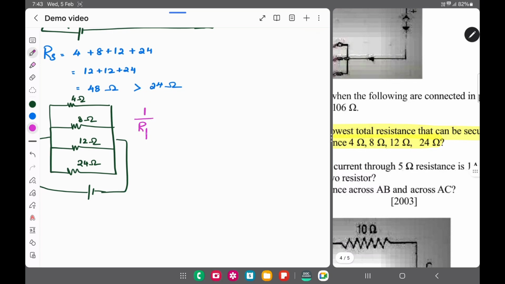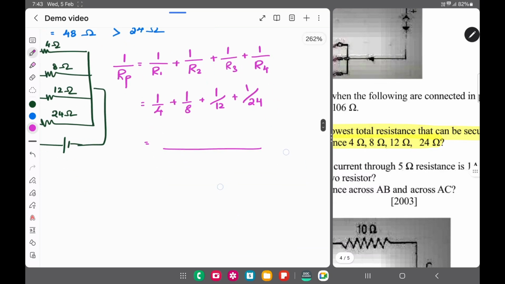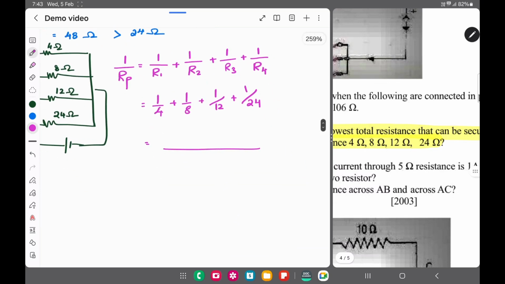So the reciprocal of the equivalent resistance in a parallel combination is the sum of the reciprocals of the individual resistors. Here we have 4 resistors, right? So it should be 1 by 4 plus 1 by 8 plus 1 by 12 plus 1 by 24. If you see, all these denominators are factors of 24. So taking the LCM, you will get 24.